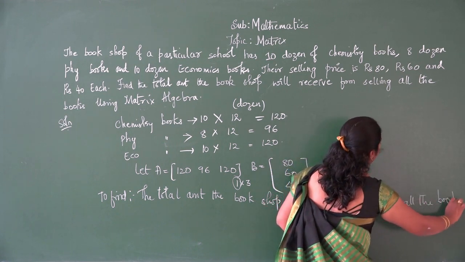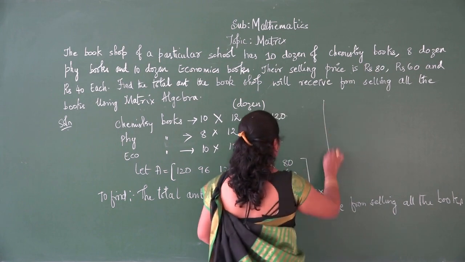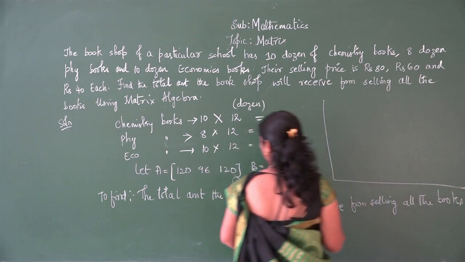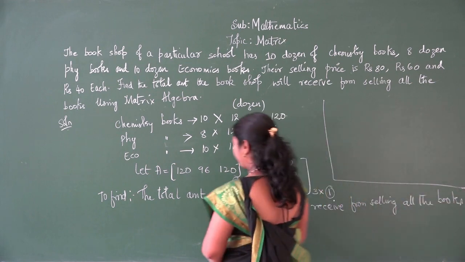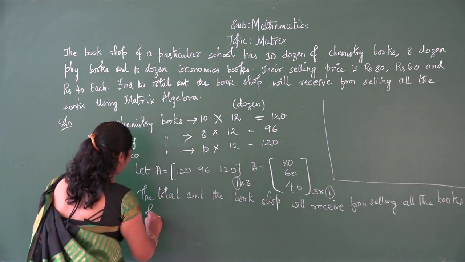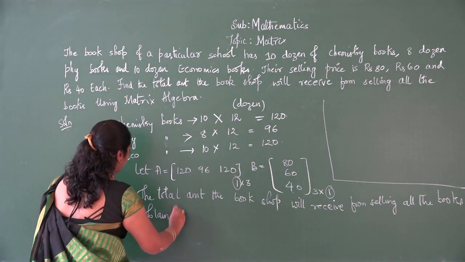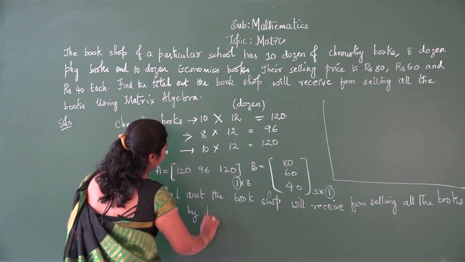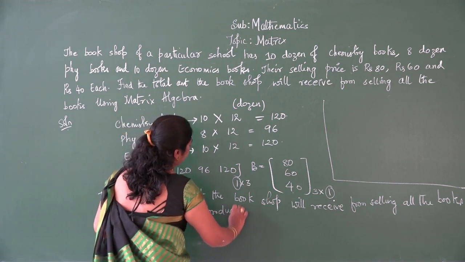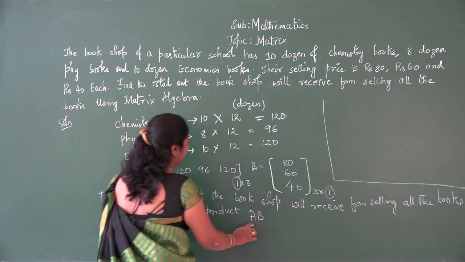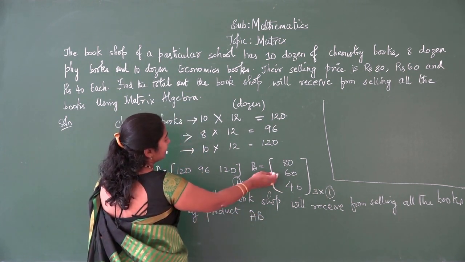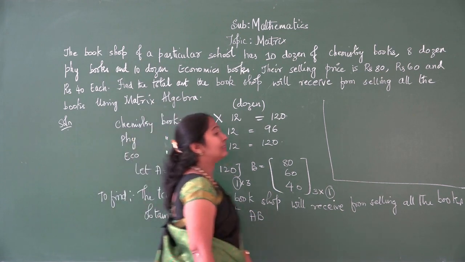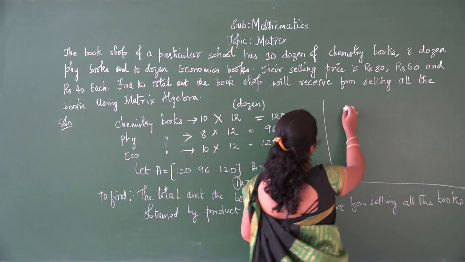That is obtained by the product AB. What is A? It represents the total number of books. What is B? It represents the matrix with their selling prices. So how do you find AB?